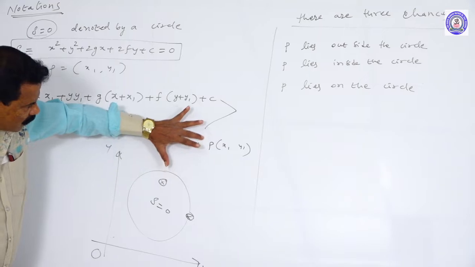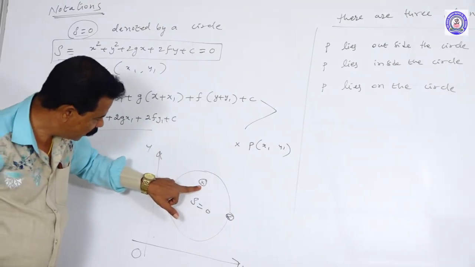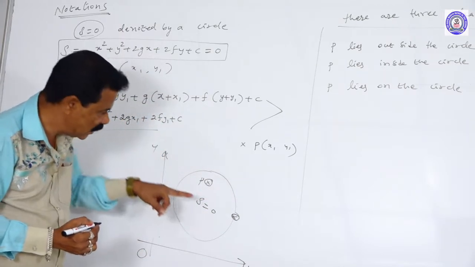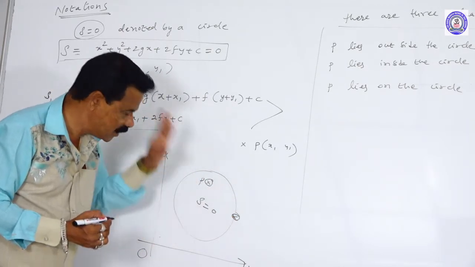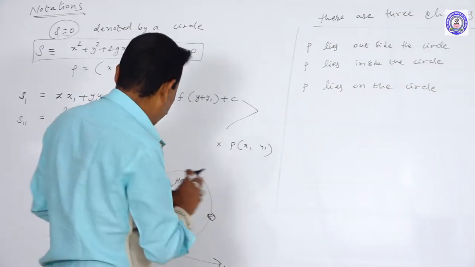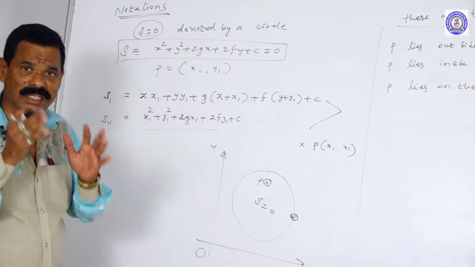Here P lies outside the circle. Here, this is also P, lies inside the circle. Here P lies on the circle. This is the third case. So how do we identify whether P lies outside, inside, or on the circle?